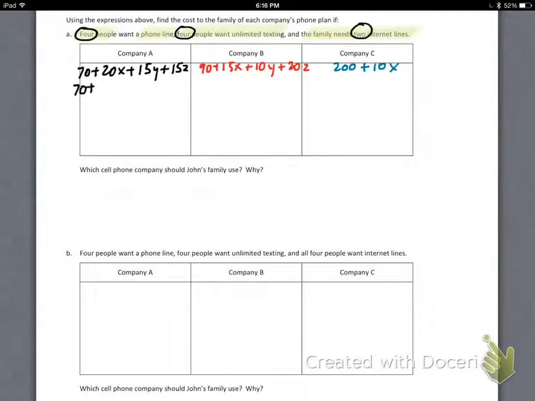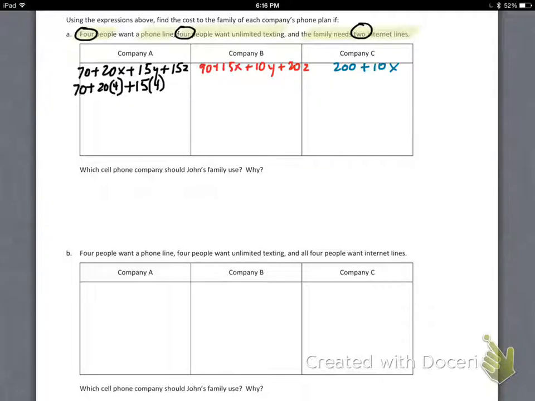But now we're going to add 20 times 4 because 4 people want a phone line, and then plus 15 times 4 because 4 people want unlimited texting, and that's what Y is standing for.